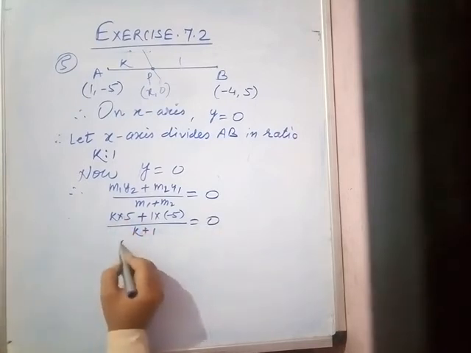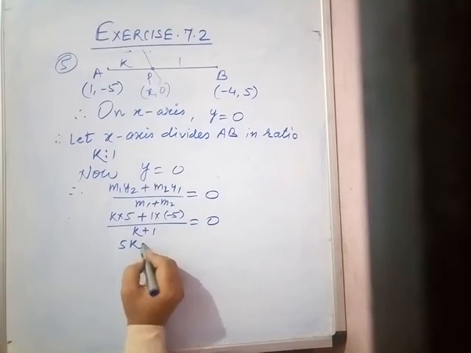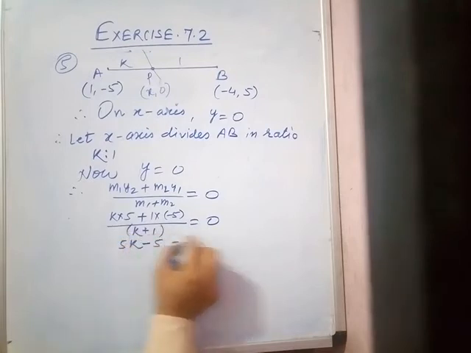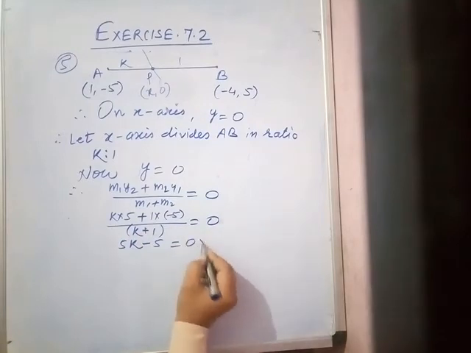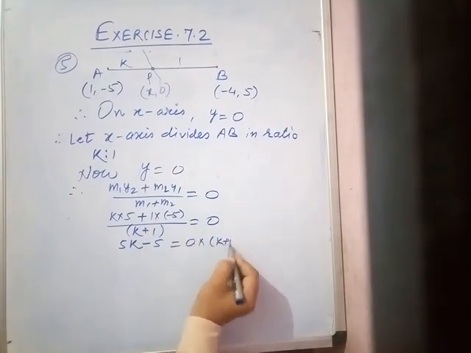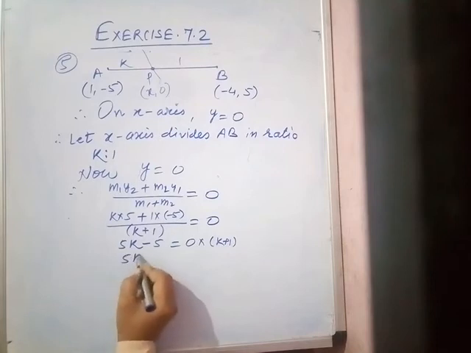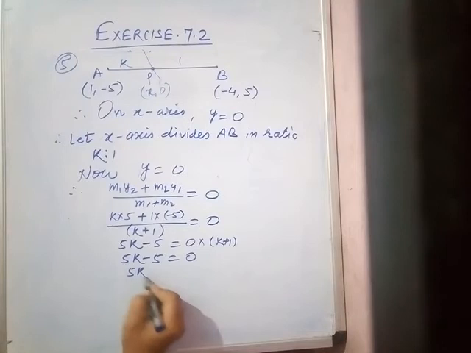So it is 5k minus 5, and by cross multiplication, k plus 1 to 0, it is 0 into k plus 1. So 5k minus 5 equal to 0. So 5k equal to 5.